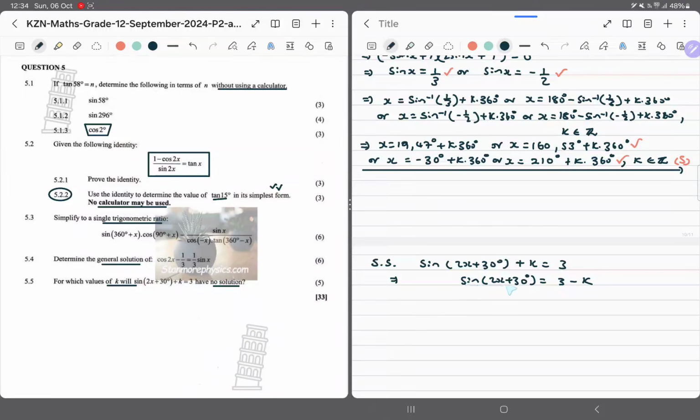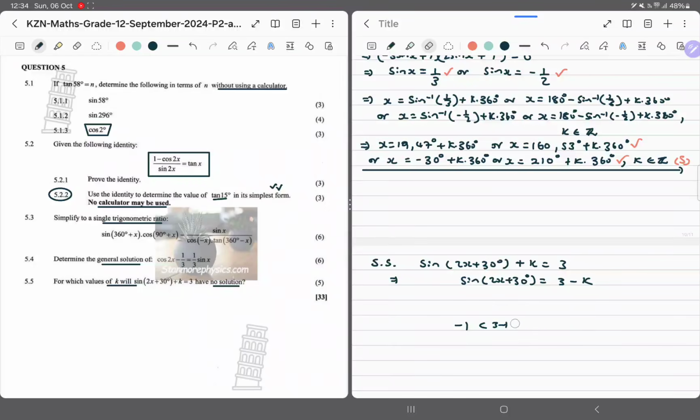Now remember, sine of any angle must be within 1. That means 3 minus k must be between 1 and minus 1. This is for it to be valid. Now, for this one not to be valid, it will be outside this domain, isn't it? So now we need to create that situation, because this is for validity. Now that means you need to understand your trigonometry, guys, properly.